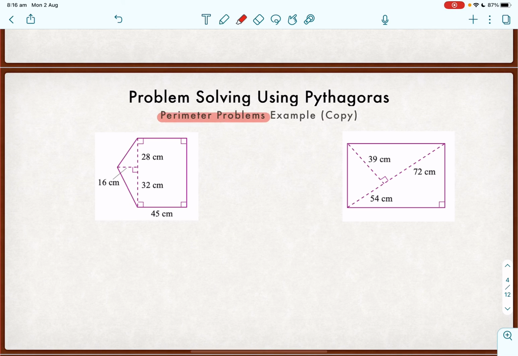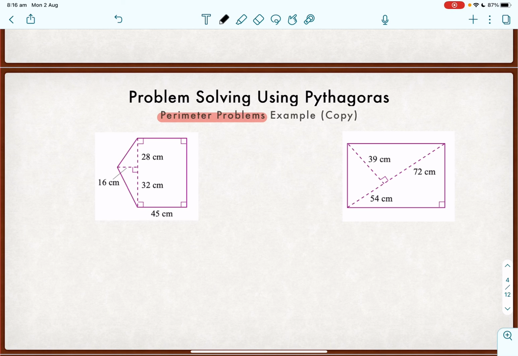Perimeter questions are like a typical Pythagoras question because they examine how well you know the shapes and how well you can dissect them. Most of the time you're going to see triangles and rectangles, so keep that in mind.